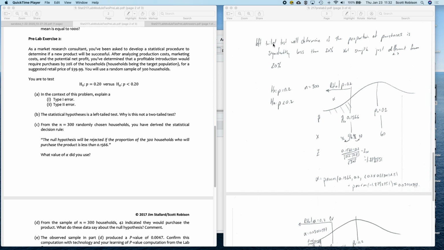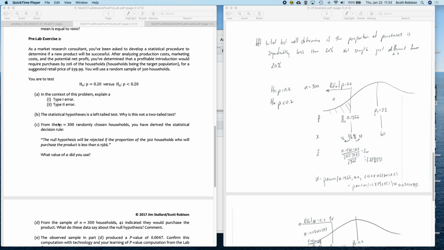However, if the proportion of people who want to buy the product is more than 20%, that's obviously good news for us. We're not concerned about that, which is why we're really only worried about the lower cutoff and not the upper cutoff here, making this a left-tailed test and not a two-tailed test. So here we're not worried if it's greater than 20%. In fact, that would be very, very beneficial.